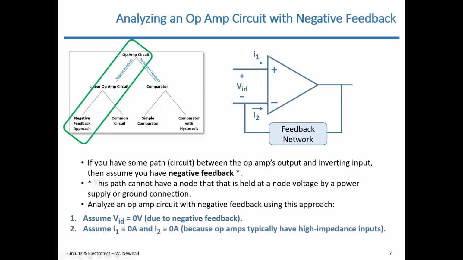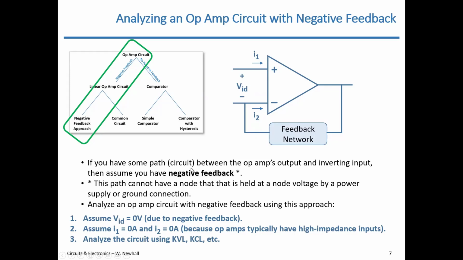Because of the op-amp's design, the way it's built, you're going to assume that the input currents, these two currents into the inputs, are 0. Not because of negative feedback, but because op-amps typically have high impedance inputs, the ones we'll deal with. And then step 3, you analyze the circuit using KVL, KCL, Ohm's law, everything you're used to, to figure out whatever you're looking for.